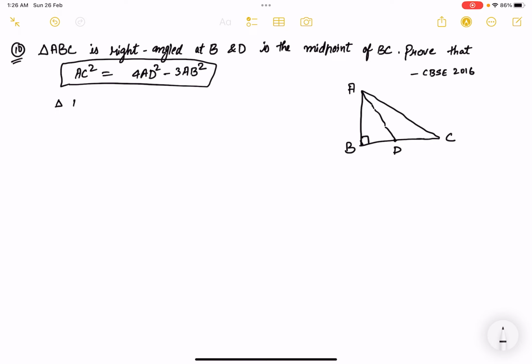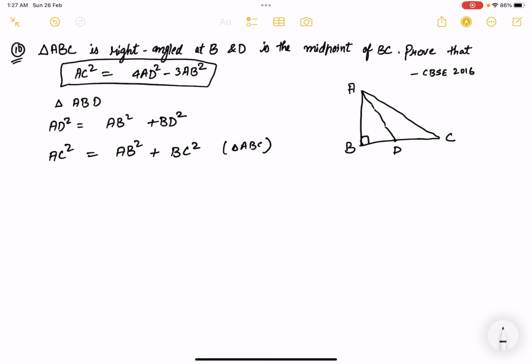So let's take triangle ABD and apply Pythagoras theorem. We have AD square is equal to AB square plus BD square. And in triangle ABC, we have AC square is equal to AB square plus BC square.